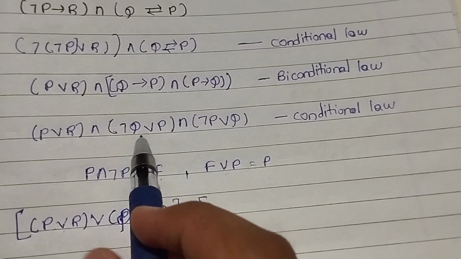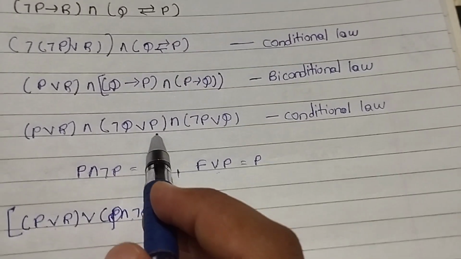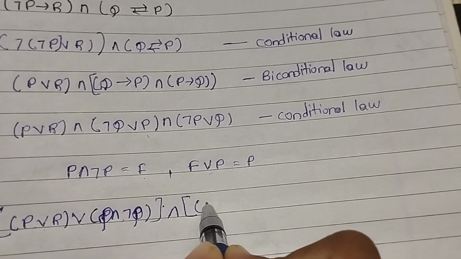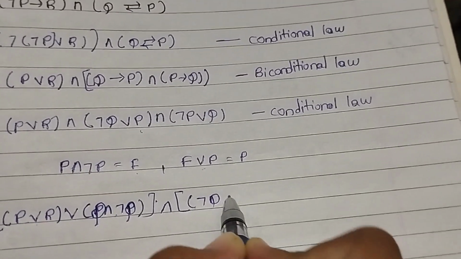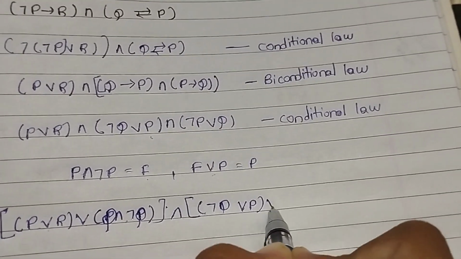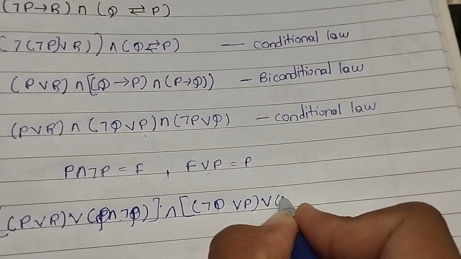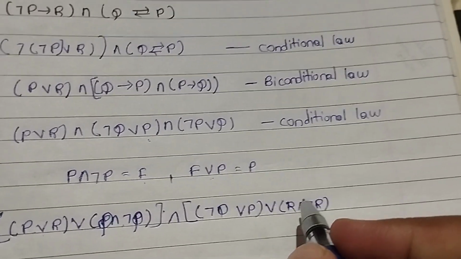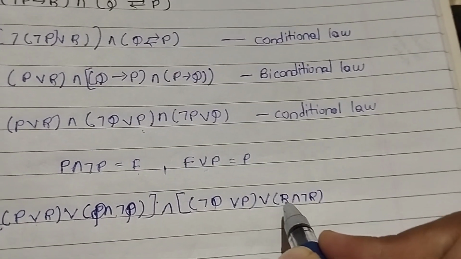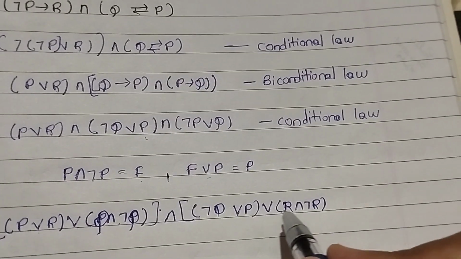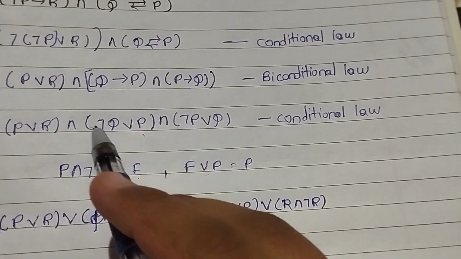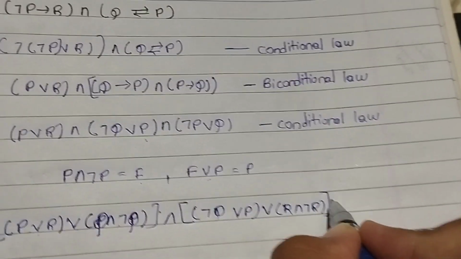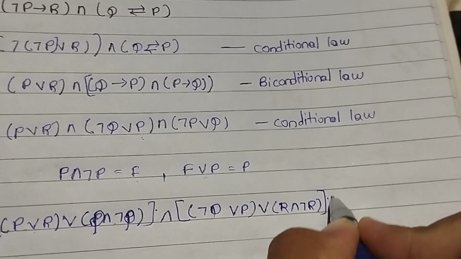Same concept we use. Here Q and P are present but R is absent. So first write the bracket as it is, or P, ORing with R and negation R, because R and negation R is F, and F or P is P. So again we get the previous bracket, with no change in the previous equation.